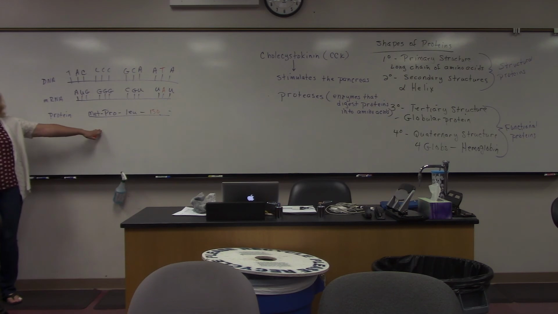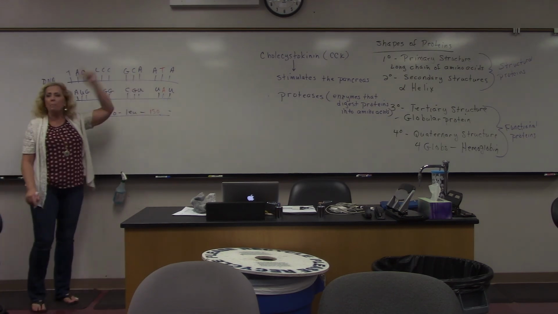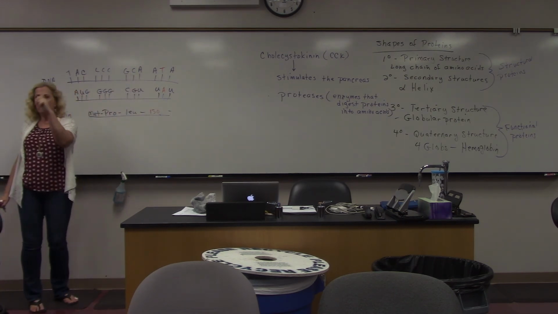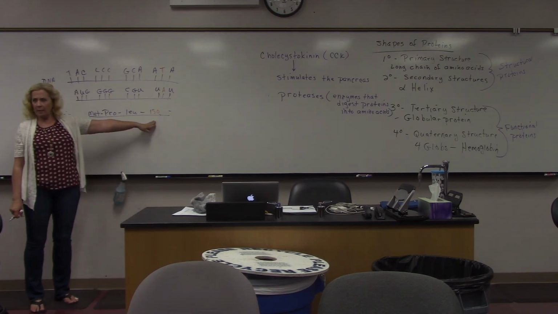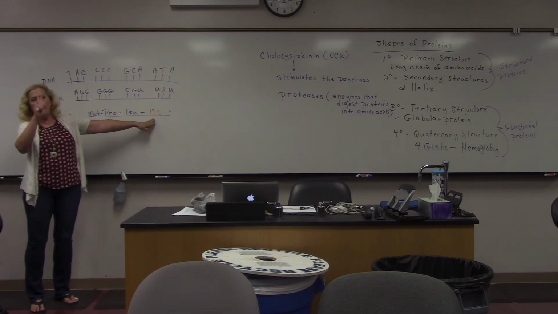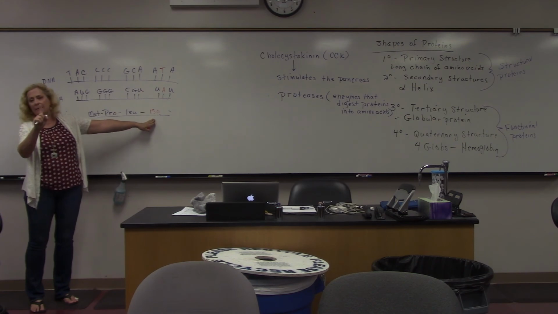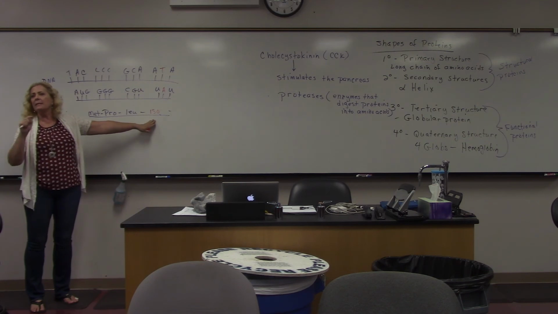What this does is, because I've put just by one single base being wrong, it now gives me a different amino acid. And because I have one different amino acid that is not supposed to be where it's at, it now causes the protein to fold into a completely different shape.